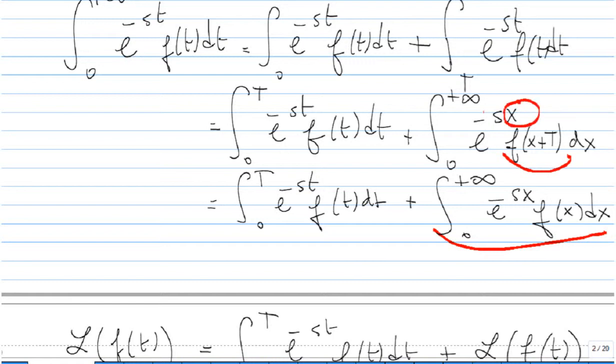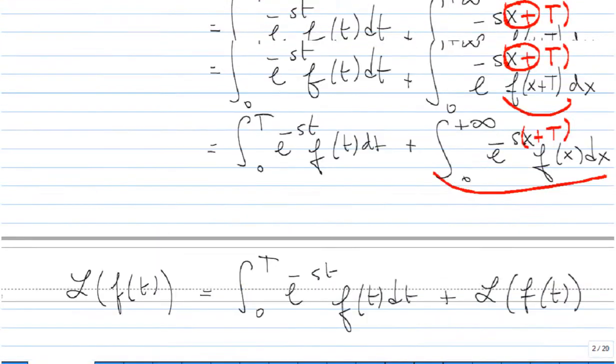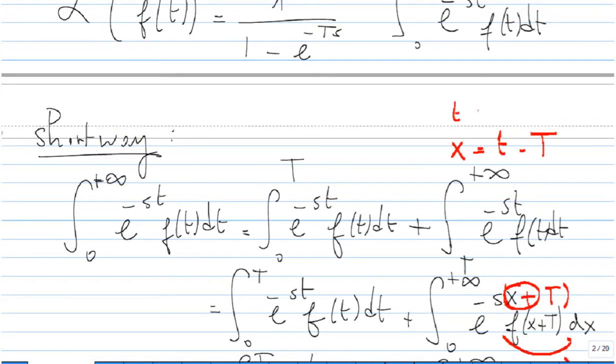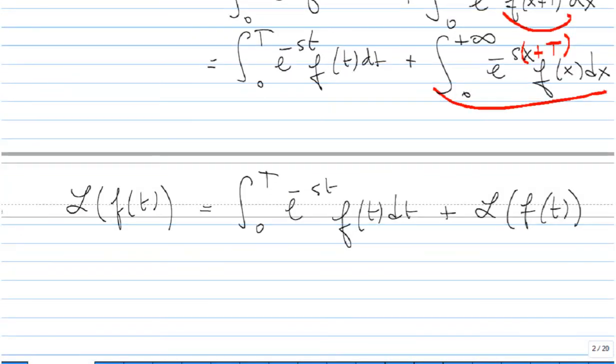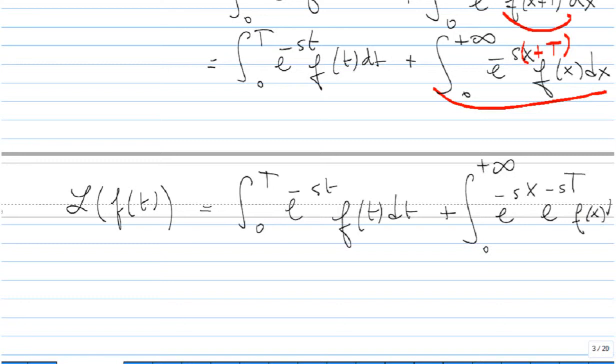It's not x, it's x plus T, because t is equal to x plus T. So what we have is the integral from 0 to plus infinity of e to the minus s x, e to the minus sT, f of x dx.